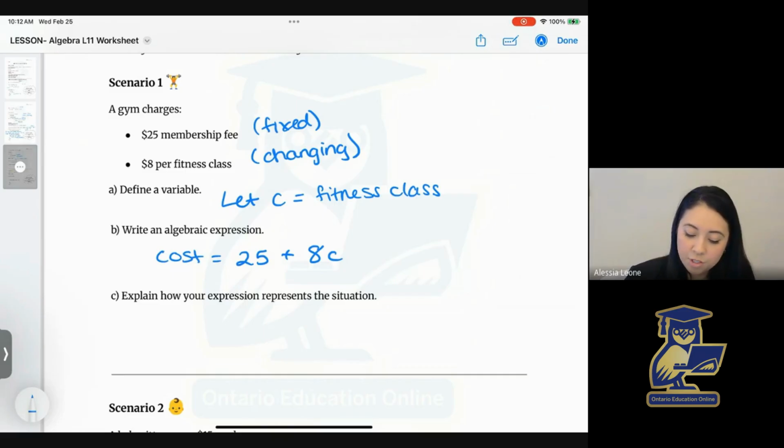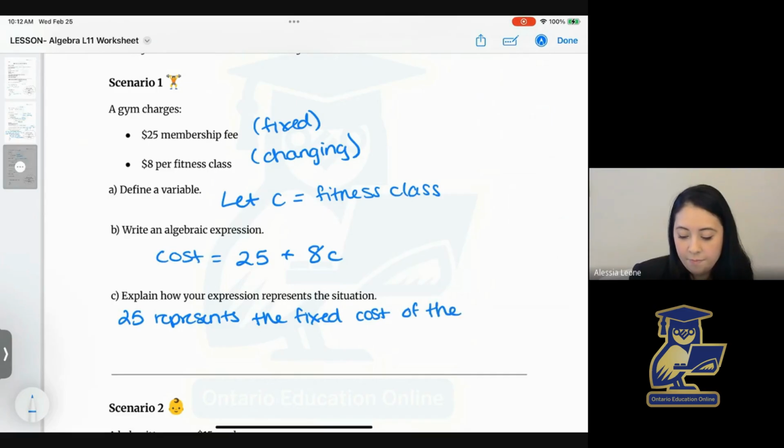Explain how your expression represents this situation. So now in a sentence, just using our words, we're going to just write down what I just said. 25 represents the fixed cost of the membership.